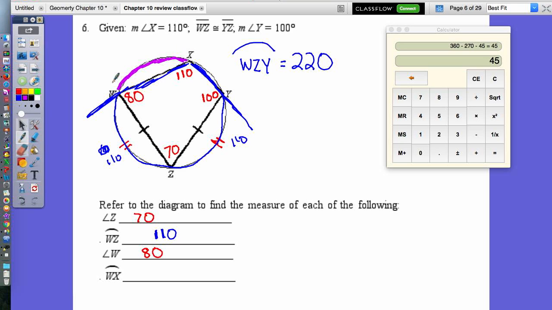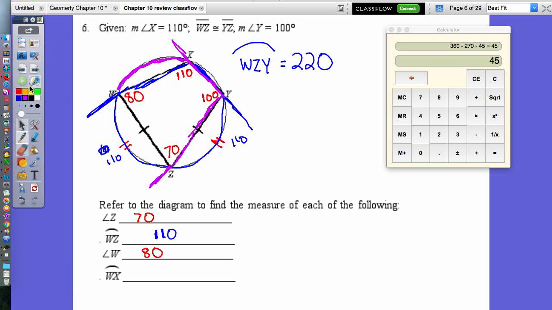Okay, so WX is made up of angle Z, but I don't have that measure here. It's also part of angle Y. And since I know part of the arc opposite angle Y, I can find that.